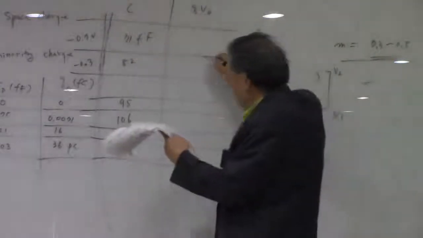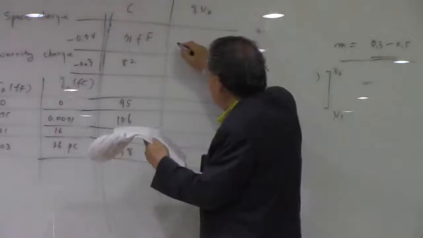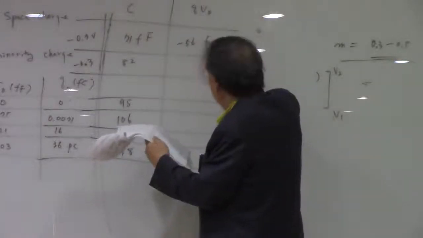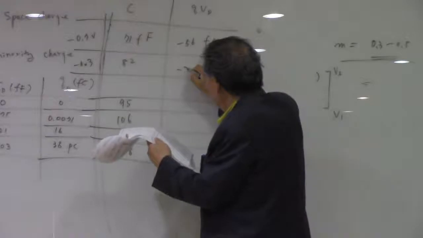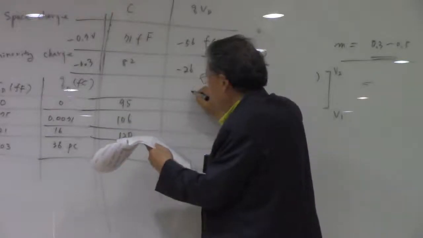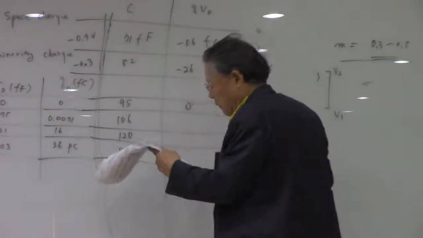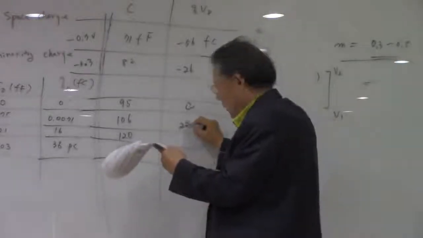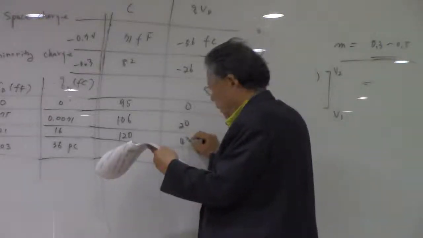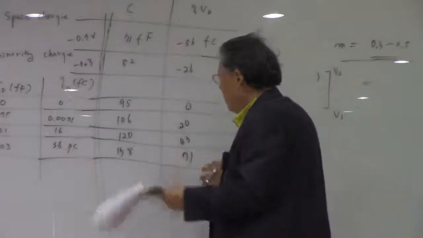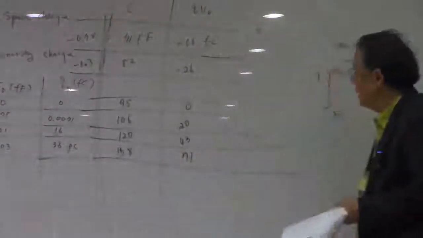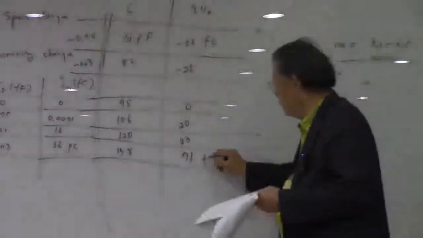And for the charges: minus 56 femto, minus 26, 0, and 20, 43, 71. It's not a dramatic increase. All these are femtocoulombs.